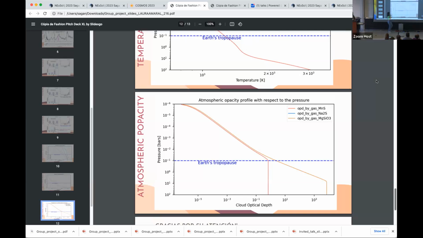So here again is our tropopause, and maybe this is decreasing here because here's the tropopause where it's forming the cloud of these two gases in the atmosphere, because we have no sodium sulfur, that is the blue one in the atmosphere, and we have enstatite, I don't know how I can say it, magnesium silicon oxide.